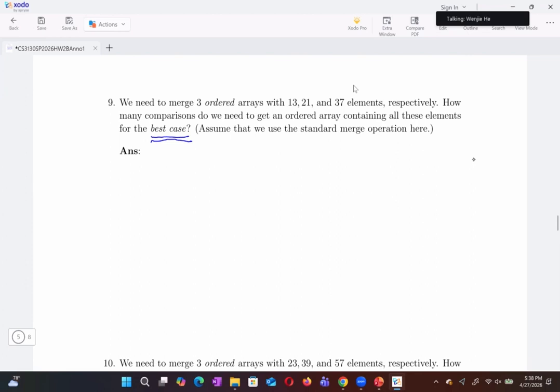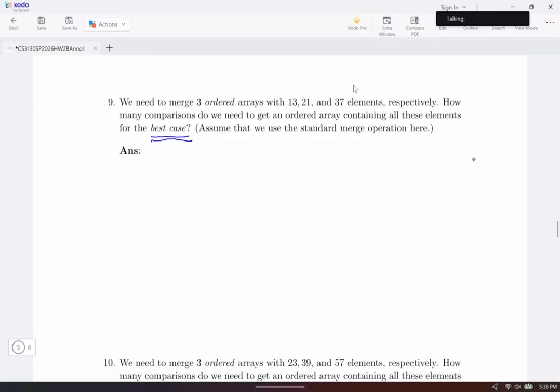First, let's look at the formula. Recall a little bit. We learned for the merge sort, best case, worst case. The best case formula, we know, is the minimum of m and n. M and n are the sizes of two ordered arrays.